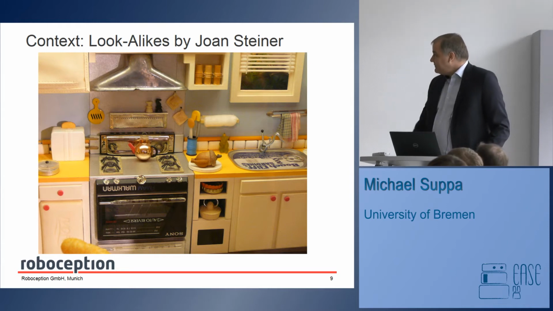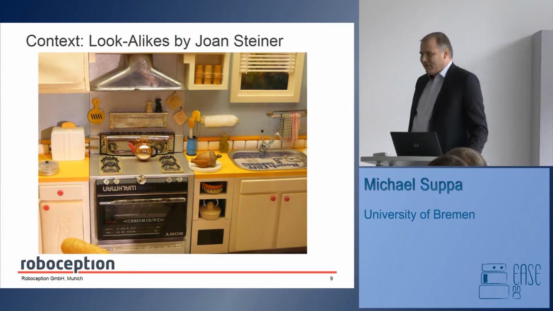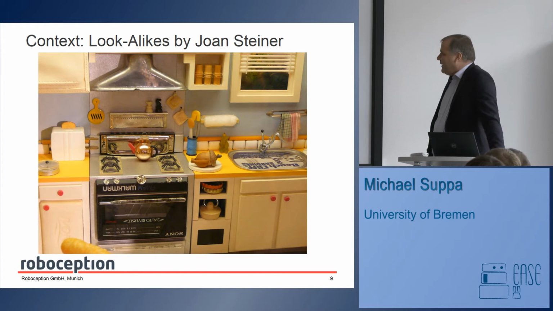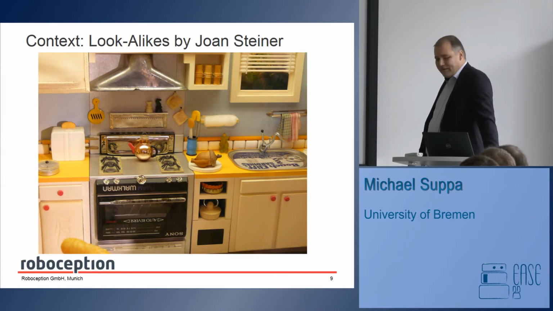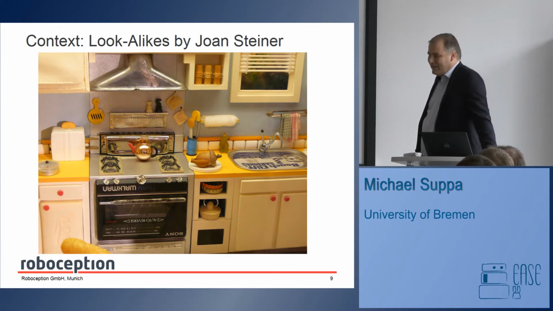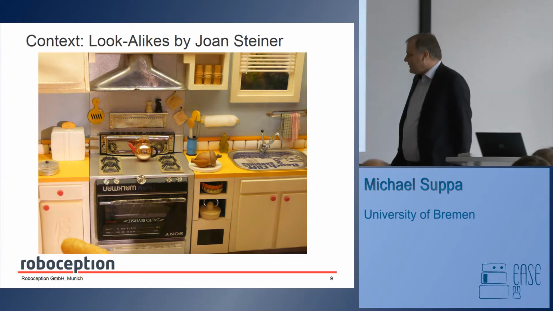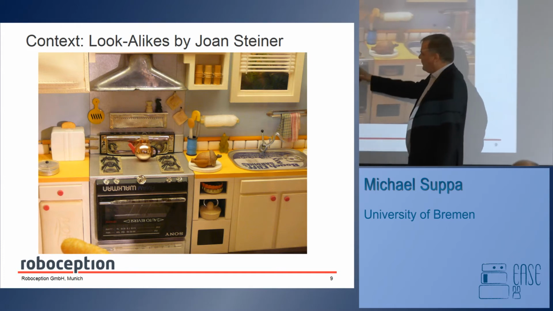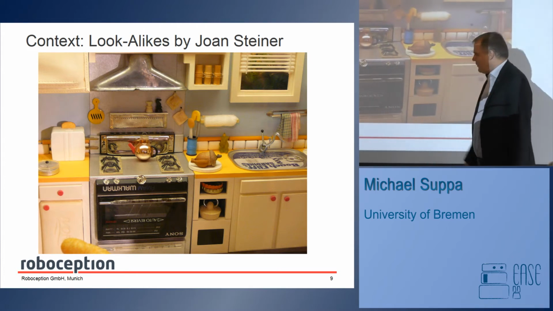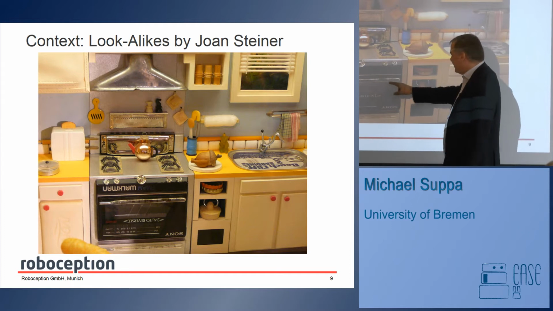Context matters. We heard this a couple of times before. If you look at that picture, you see why. You're assuming a kitchen scene, and you have to look fairly closely to see that everything in that scene is wrong. It starts here: this is a Walkman, not an oven.